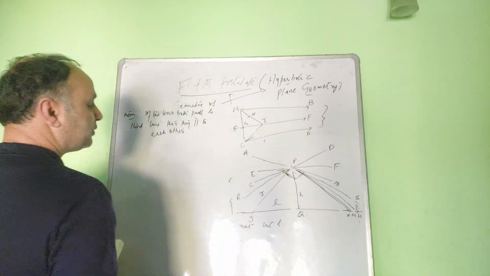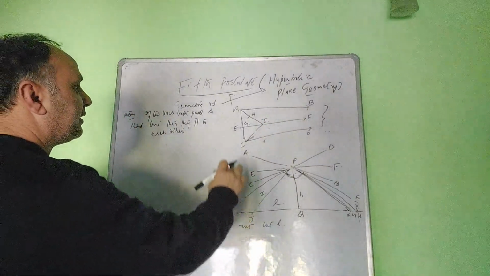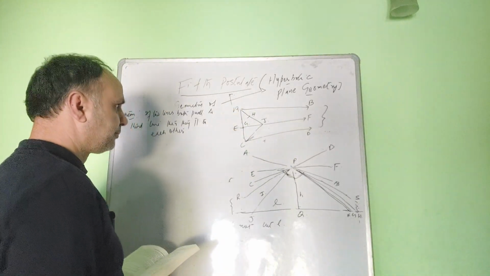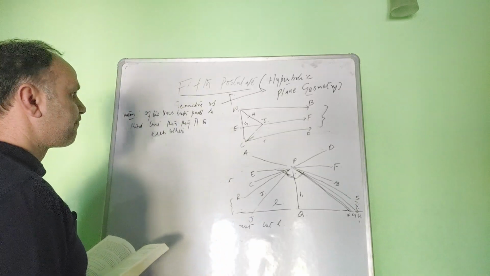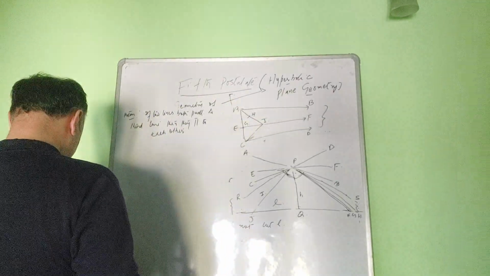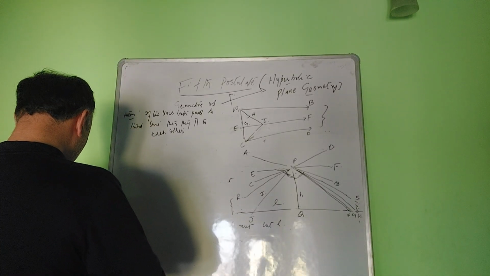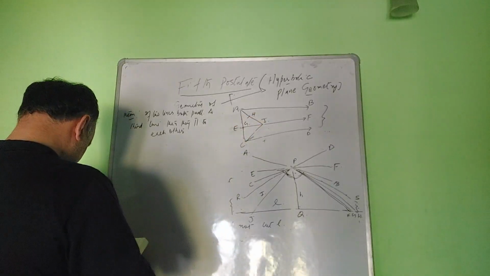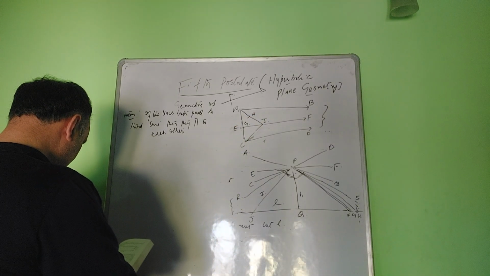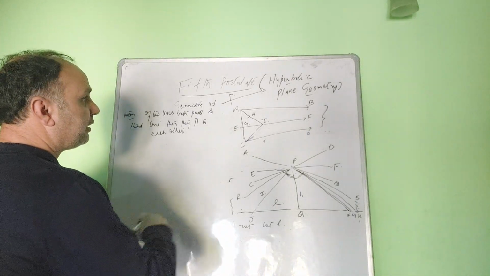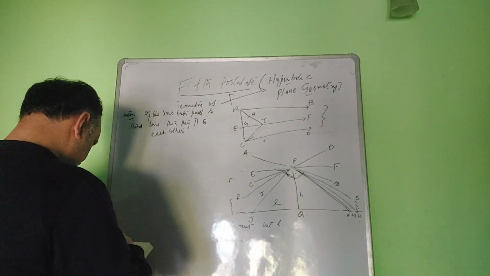The line will cut EF in the point I. So we have just constructed a line. Draw CI. Since EF is parallel to CD, EF is parallel to CD.